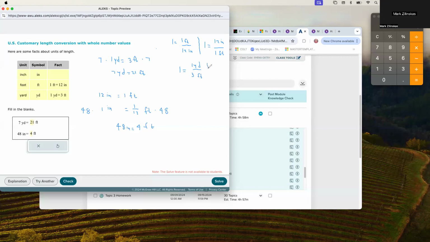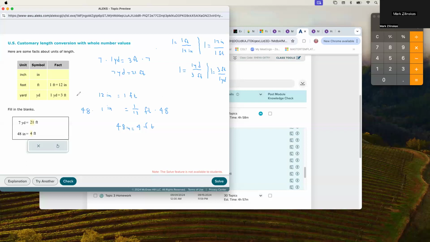I'm going to write a squiggly line here, and I'm also going to write that 1 is equal to 3 feet divided by 1 yard. Okay, so now I just took these equations and I wrote them or expressed them as 1 equal to some sort of ratio. Again, ratio just means a fraction.